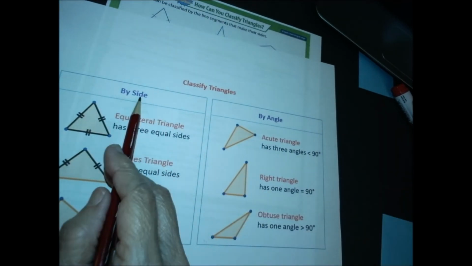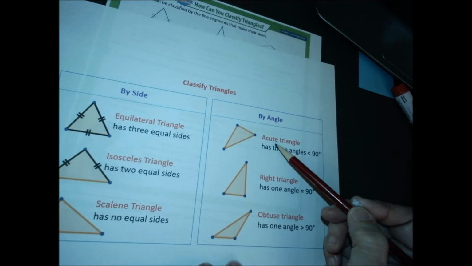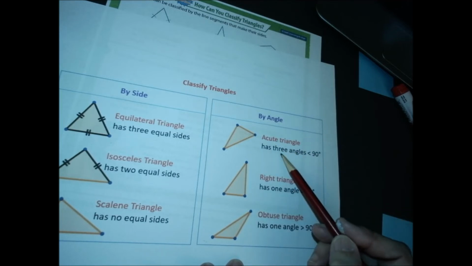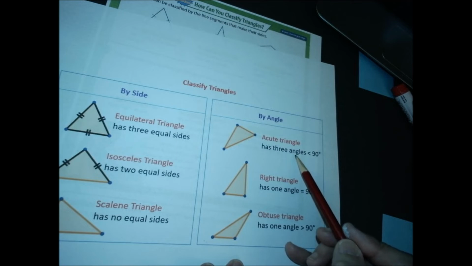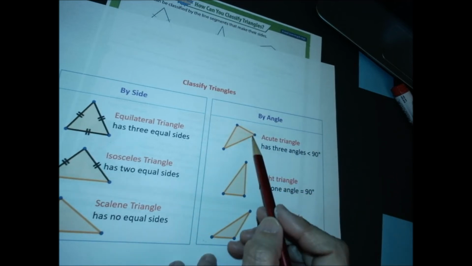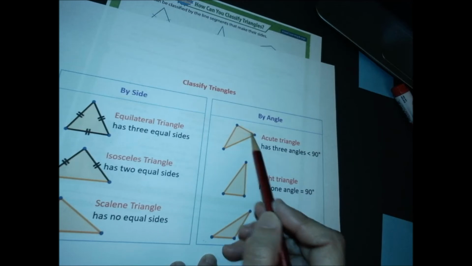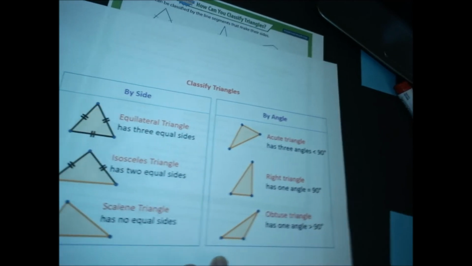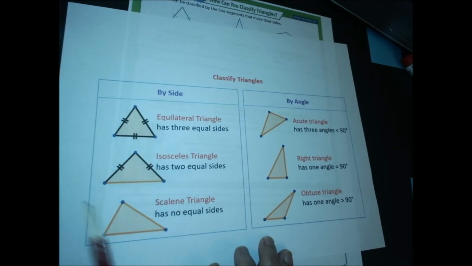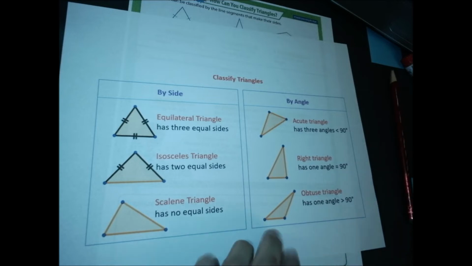So we got this in sides, but when we look over here, it's also an acute triangle, because an acute triangle has 3 acute angles, or less than 90 degrees. And if you look at the equilateral, all 3 of these are less than 90 degrees.